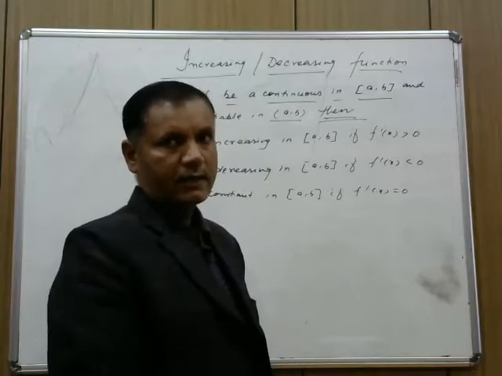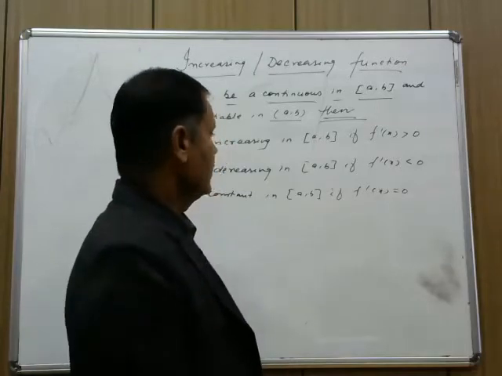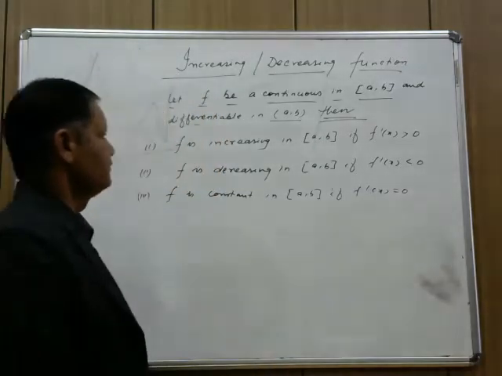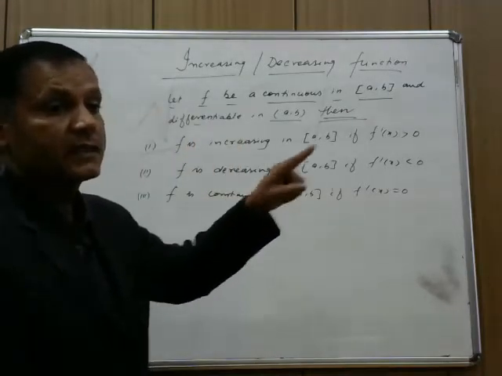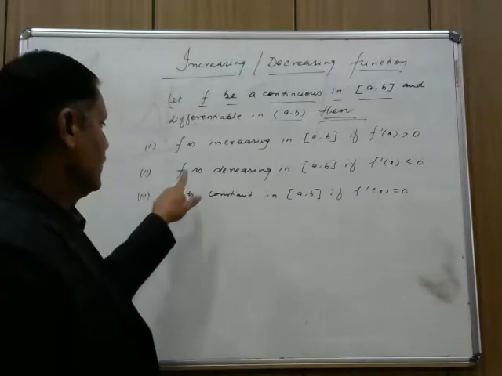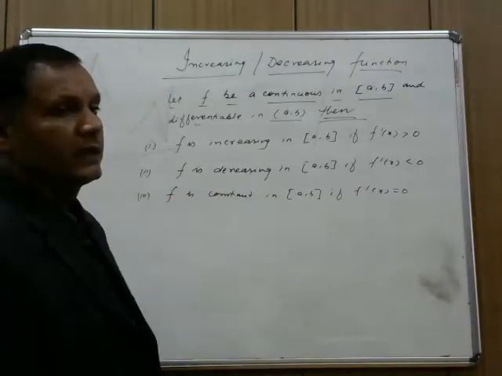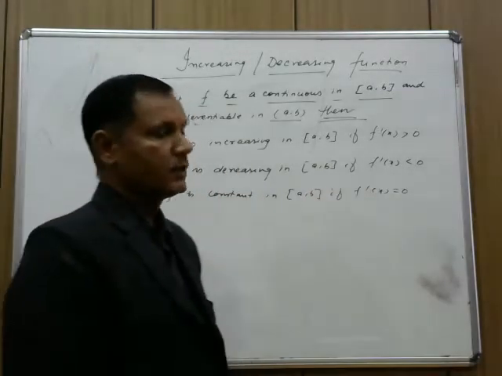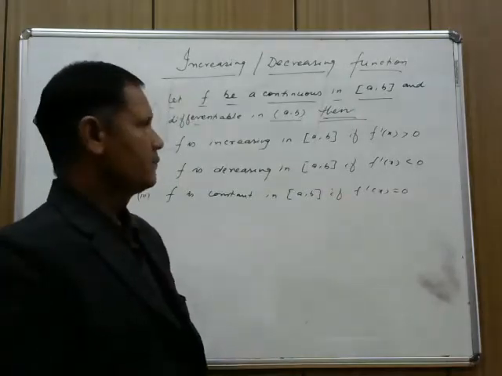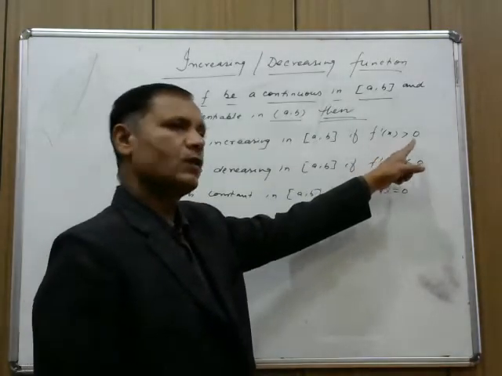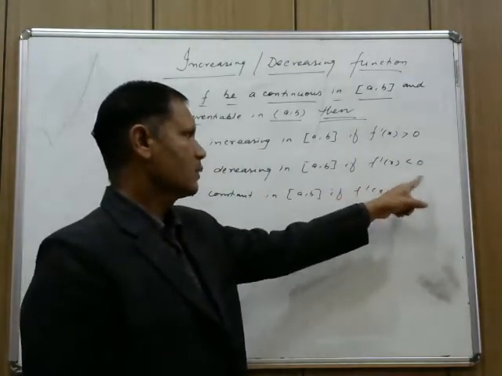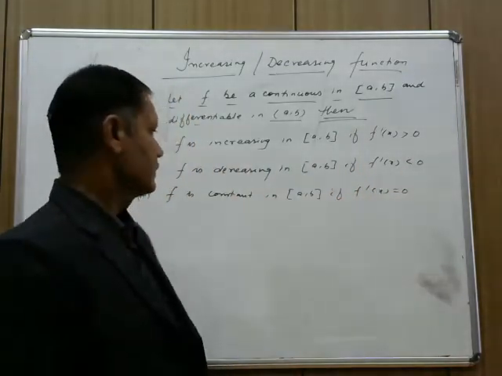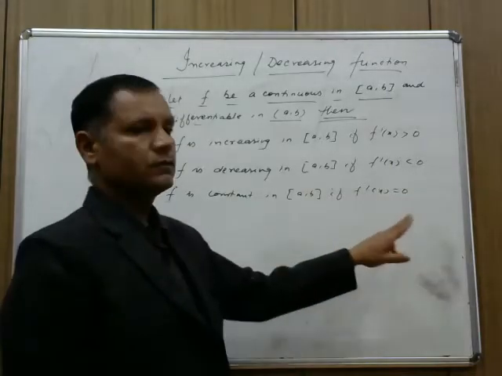I have also discussed that f is strictly increasing when f dash of x is greater than 0, and strictly decreasing when f dash of x is less than 0. When we put an equal to sign, f dash of x greater than or equal to 0 is simply increasing, f dash of x less than or equal to 0 is decreasing, and f is constant when f dash is equal to 0.